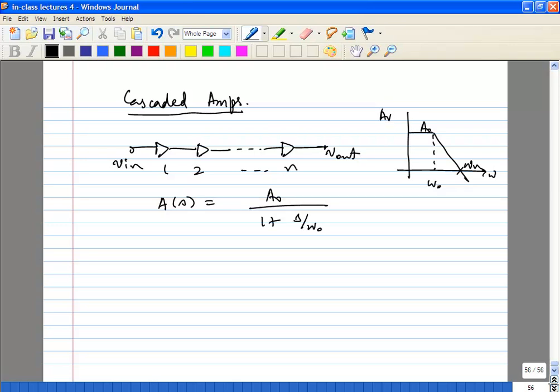So for a single stage, it is just A naught over 1 plus S over omega naught. So the cascaded transfer function is just A naught over 1 plus S over omega naught, whole power n. Now for this cascade we want to find out the 3 dB bandwidth.